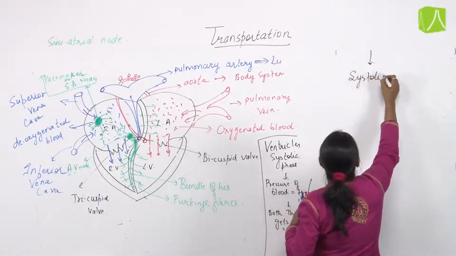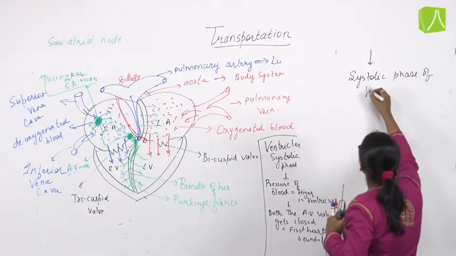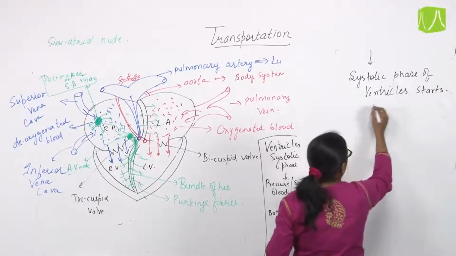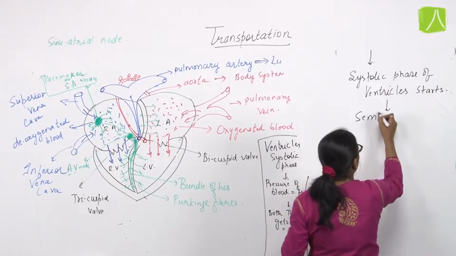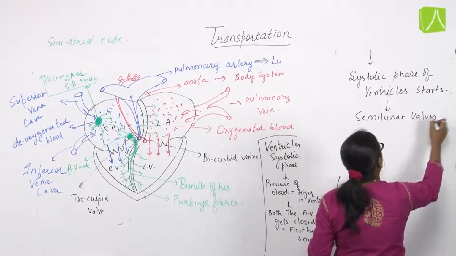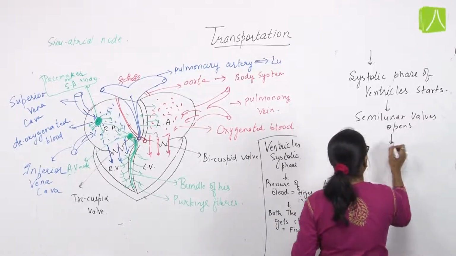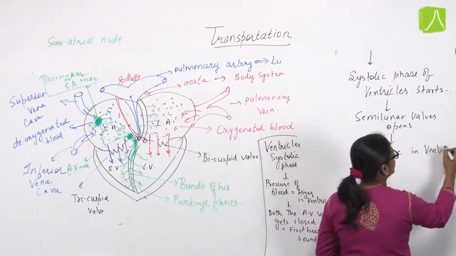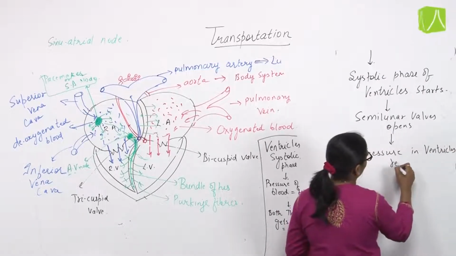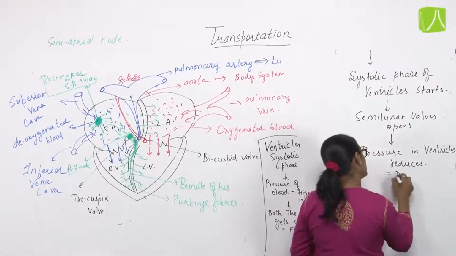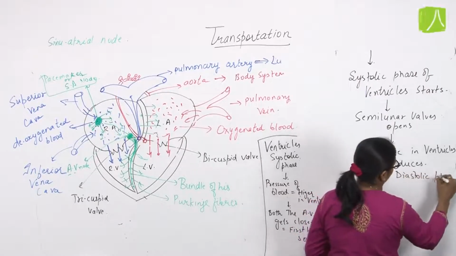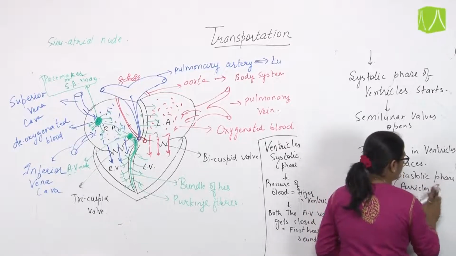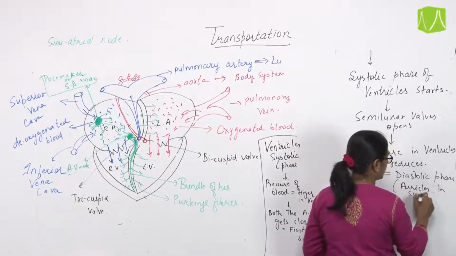Now the systolic phase of the ventricles starts, then the semilunar valves open, then the pressure in the ventricles reduces, that means the ventricles undergo the diastolic phase, and at the same time the auricles enter into their systolic phase.